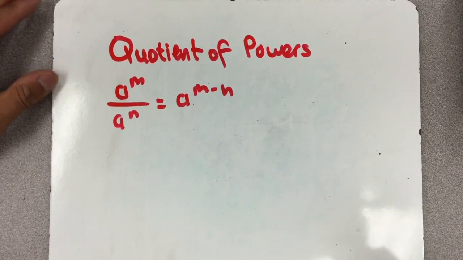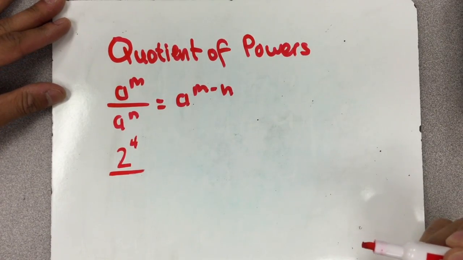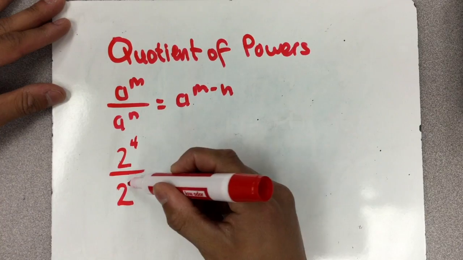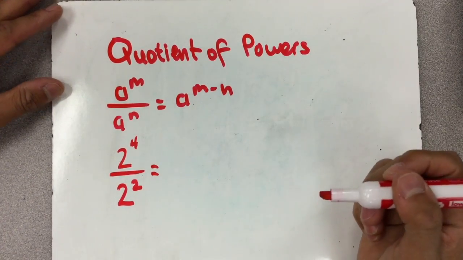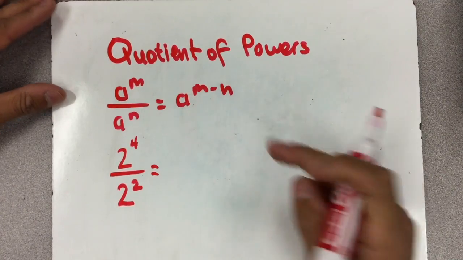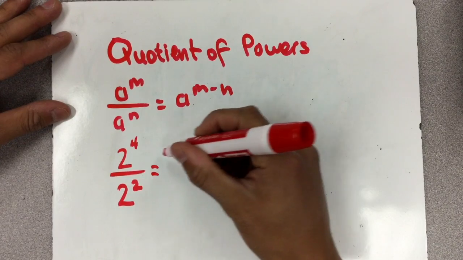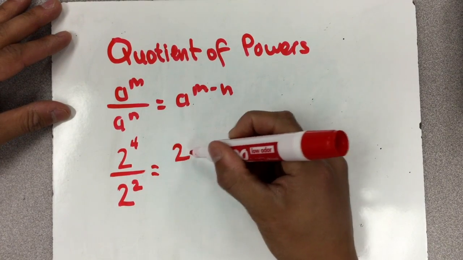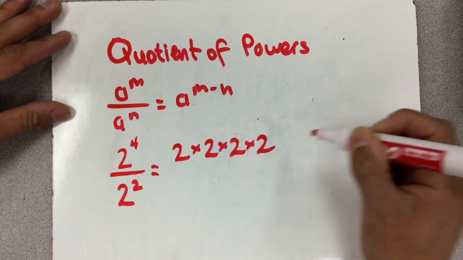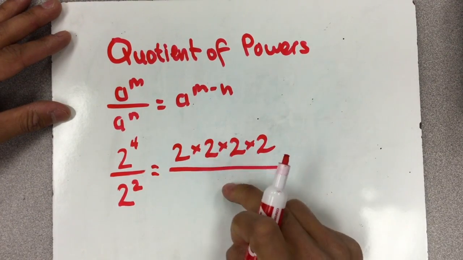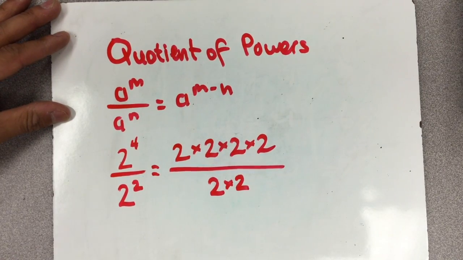So let's think of another example. Let's say we have 2 to the power of 4, and we divide that by 2 squared. I'm first going to show this using repeated multiplication, and then we'll look at what our power law says. So 2 to the power of 4 in repeated multiplication is 2 times 2 times 2 times 2, divided by 2 times 2, or 2 squared.